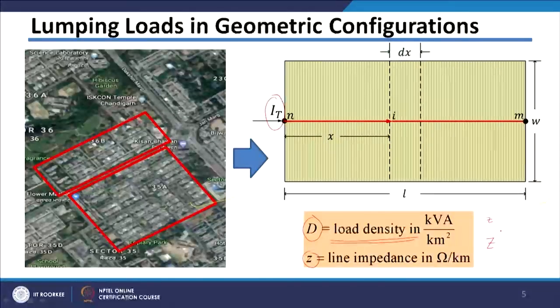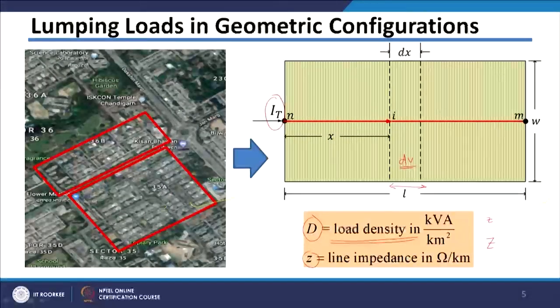For calculation of voltage drop or power losses, we are considering a small strip here of width dx. First we will calculate the voltage drop which is happening in this particular strip, which is dV, and if you integrate this dV from n to m, that is for length L, we will get the total voltage drop which is happening across the feeder.